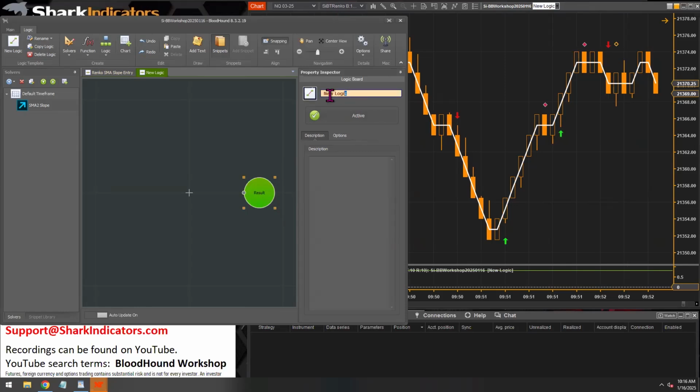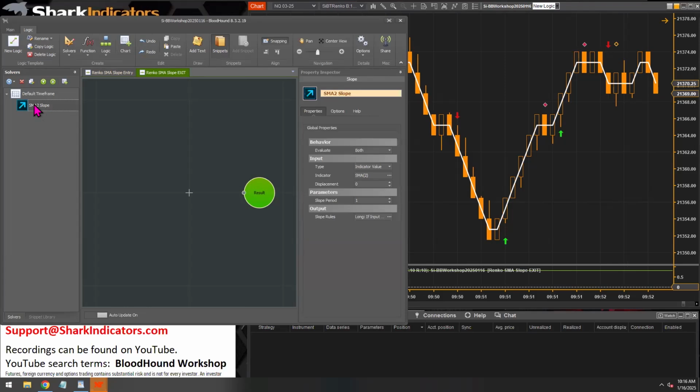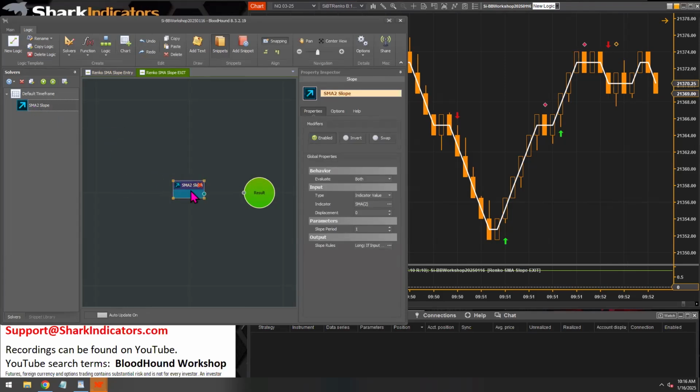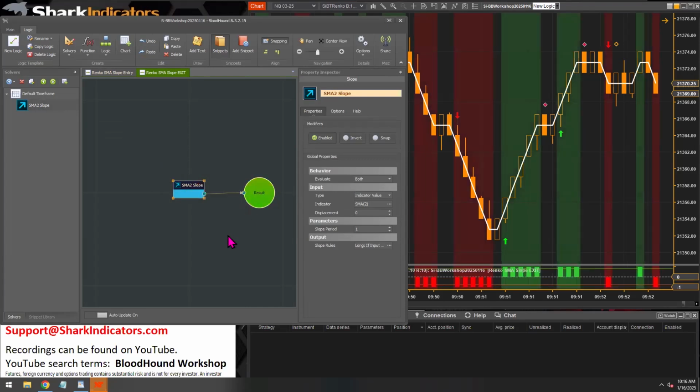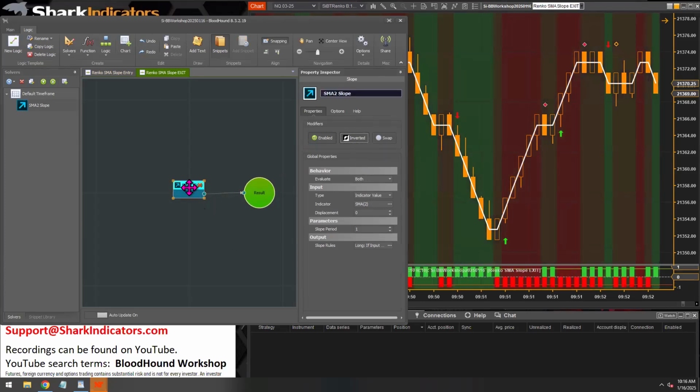So these are going to be our exit signals here. There. And let's see, I think I can actually use the slope solver here. I'm just going to play around with this here for a little bit, and I'm going to invert it. Yeah, there we go.